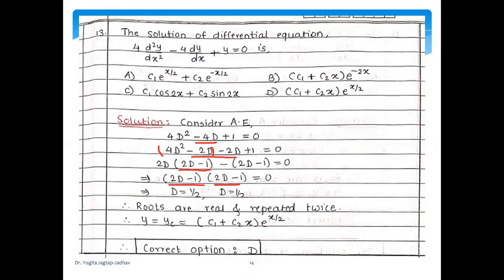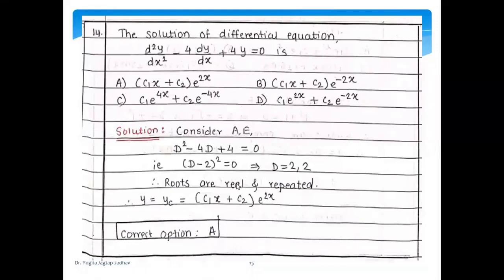Therefore, the complementary function or general solution for the given linear differential equation with constant coefficients is obtained by using case number 2 of writing the complementary function, that is given by y = yc = (c1 + c2 x) e^(x/2). Therefore, among the given 4 options, option D is correct.